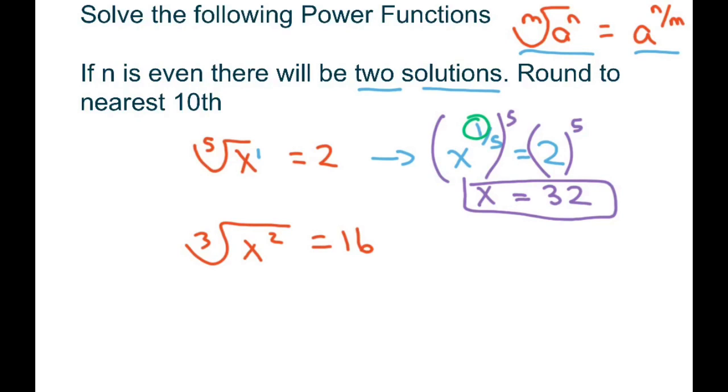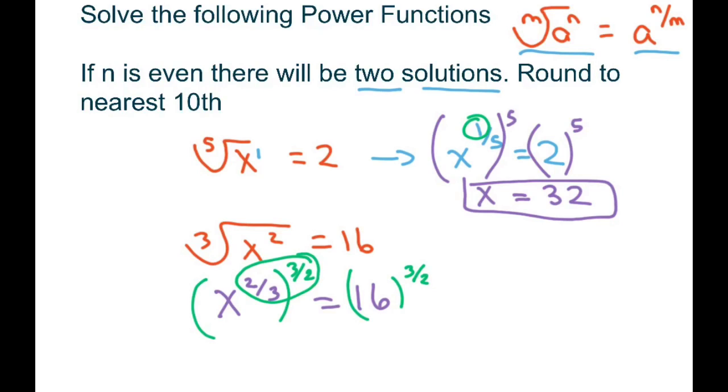This one we're going to do the same thing. We're going to write this as x to the 2/3 equals 16. Since I'm solving for x, I'm going to multiply this by 3, or power it up by 3/2. So this equals 1, and you just get x to the first power.